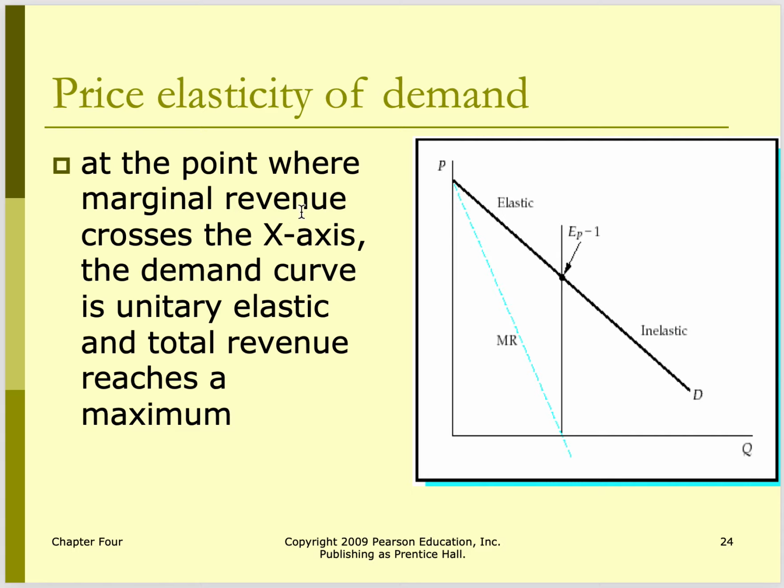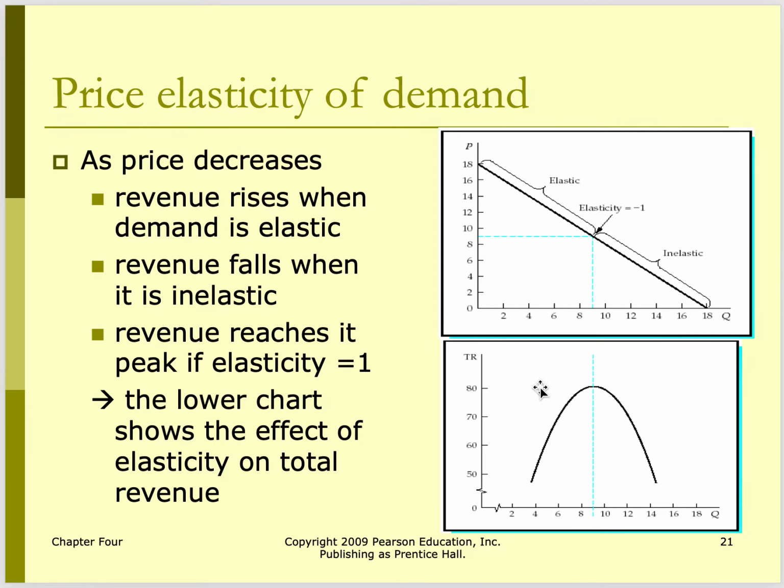At the point where marginal revenue crosses the x-axis, I have positive marginal revenue, so I'm increasing but at diminishing returns. If you look at this picture, my revenue is increasing dramatically and it's slowing down until it gets to unit elasticity at this point. It peaks out and then it starts to slowly decrease, and then it decreases very fast.